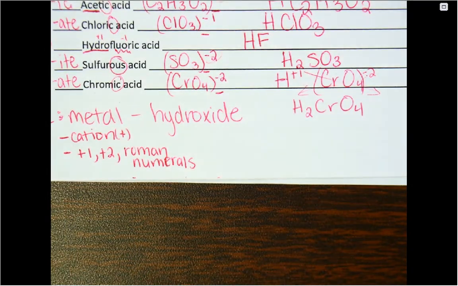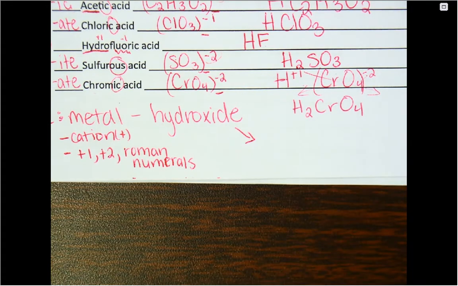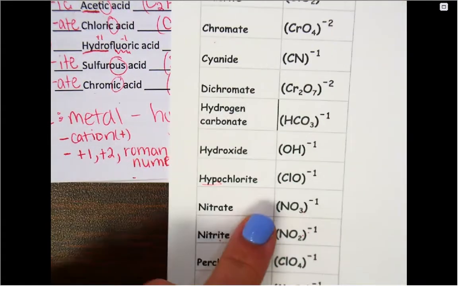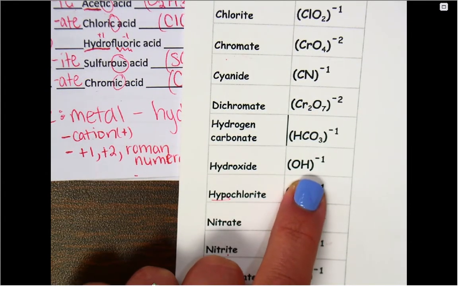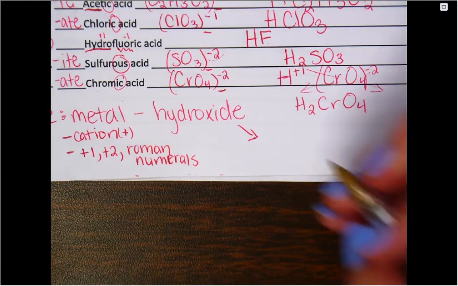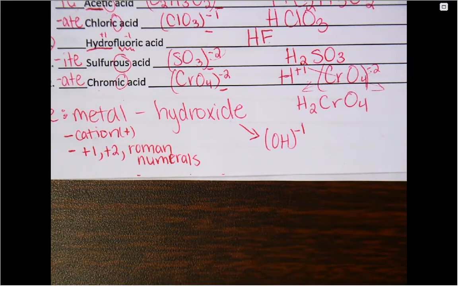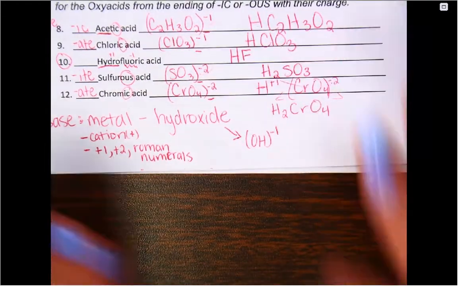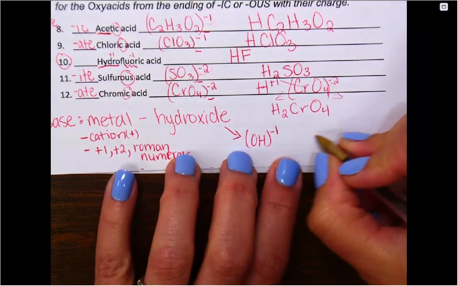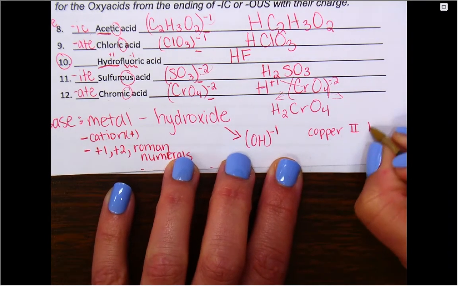All right. And then hydroxide, if we look at our polyatomic list, hydroxides are right here, right? That's OH with a -1. Okay, so an example of one that has the Roman numerals is going to be something like this: copper 2 hydroxide.